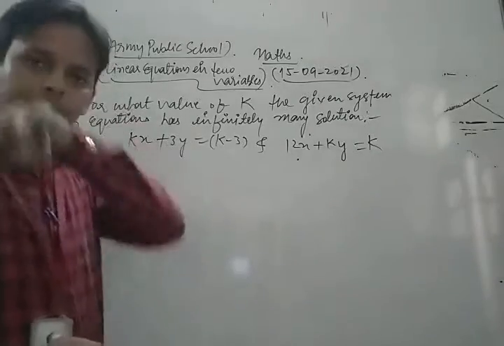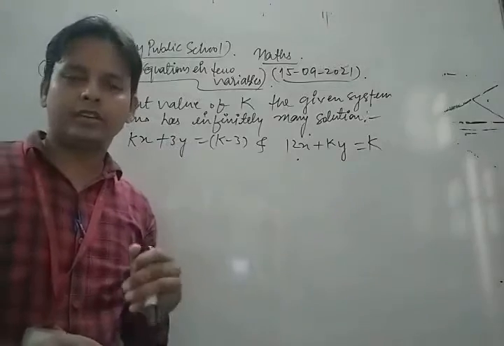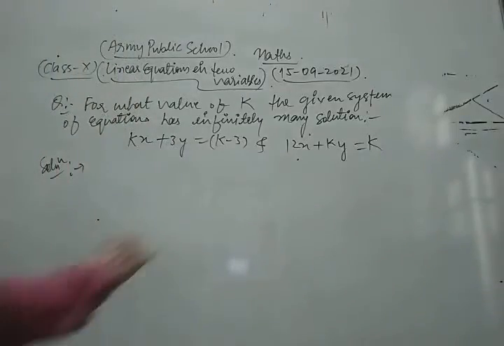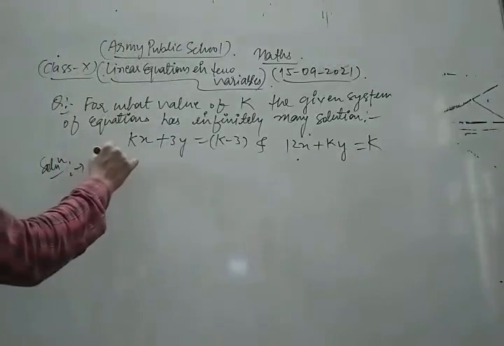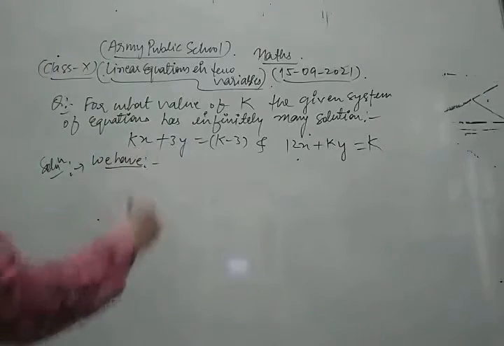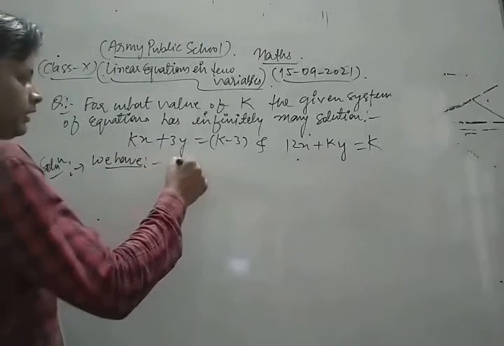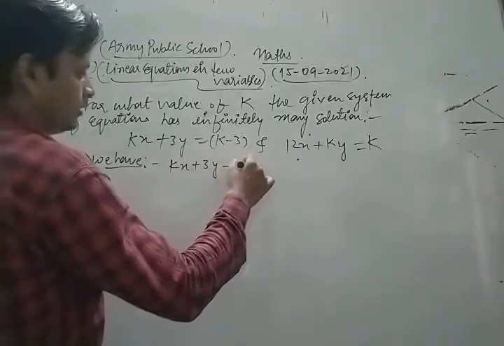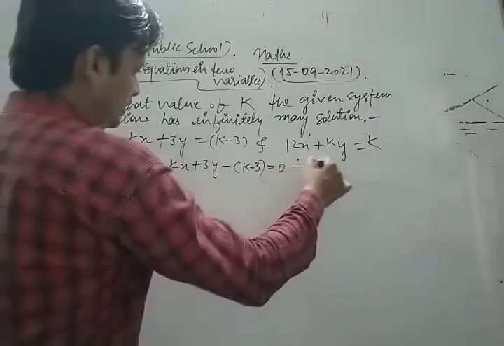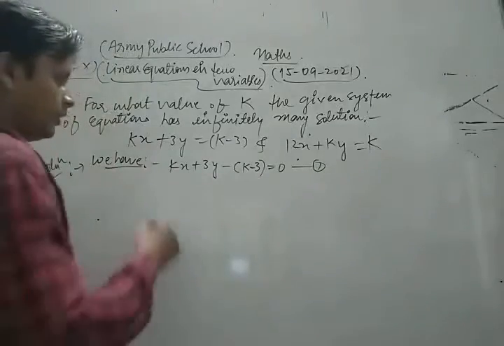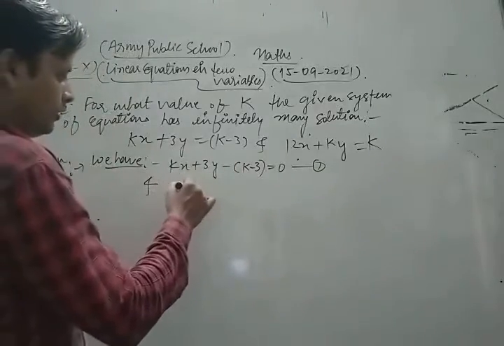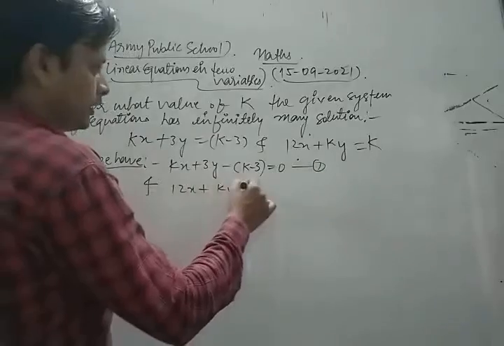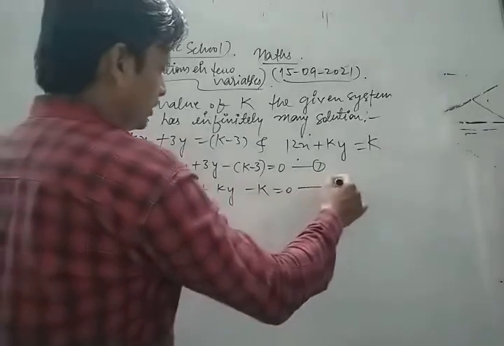Dear friend, first of all, we write the value of a1, b1, c1, a2, b2, c2. So look, we have kx plus 3y, we transfer that side, minus k minus 3 is equal to 0. This is equation 1. And this is 12x plus ky minus k is equal to 0. This is equation number 2.